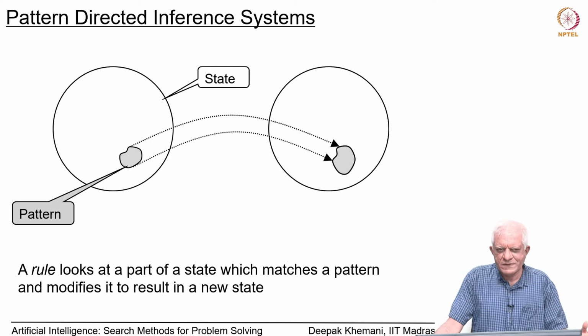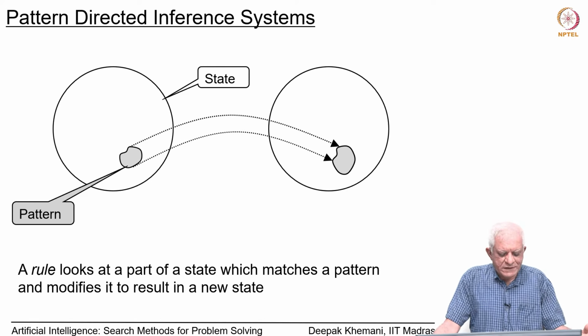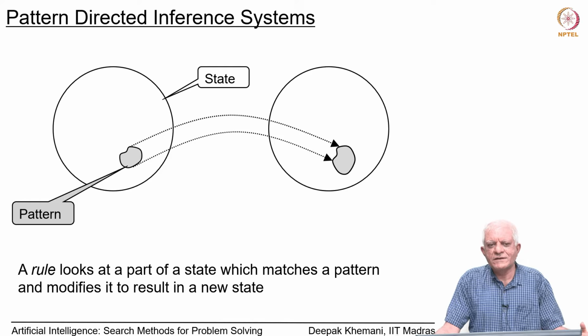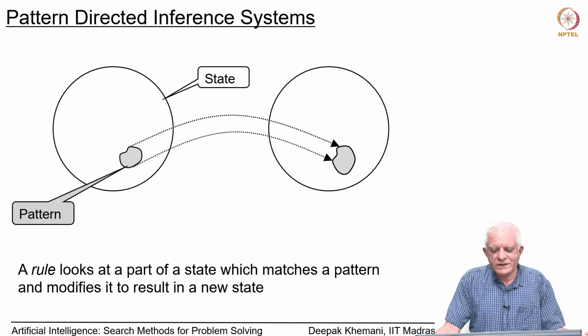A rule looks at part of a state which matches a pattern and modifies it to result in a new state. So, rules will have patterns, and patterns will match some subset of the states, and if they do so, then we will say that the rule can be fired or executed.